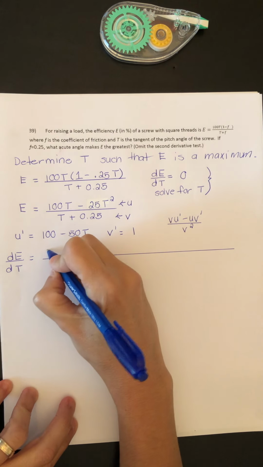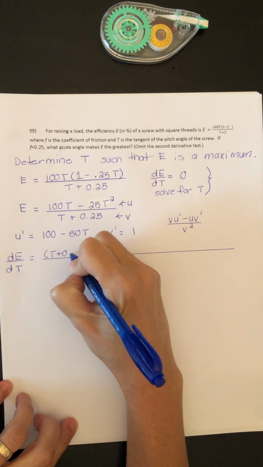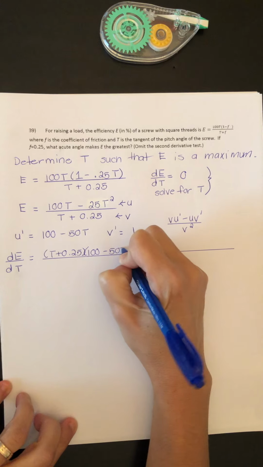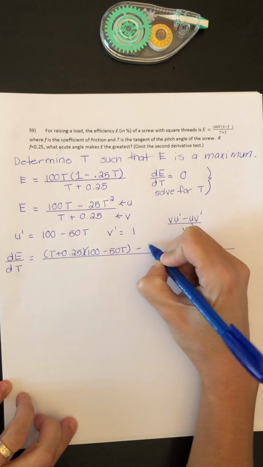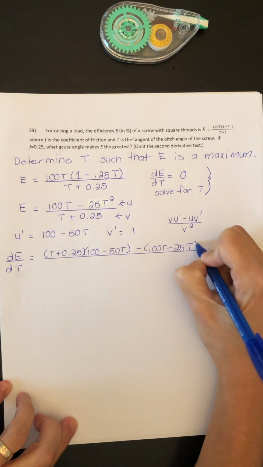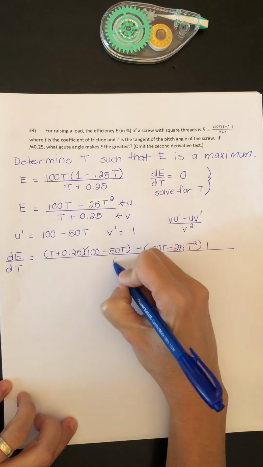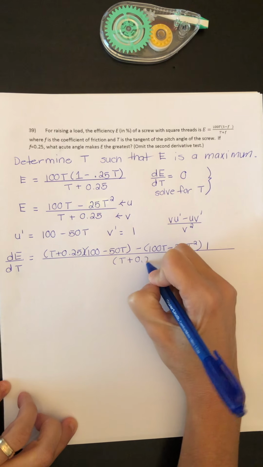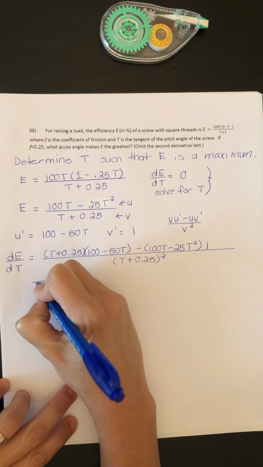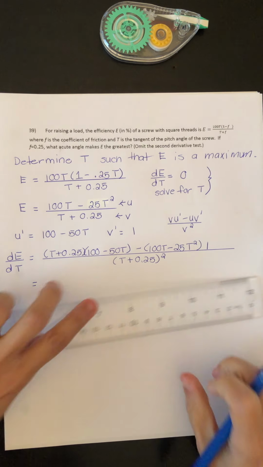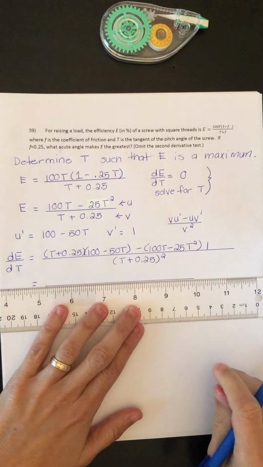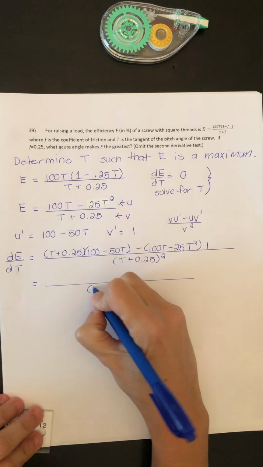So here we go, v times u prime minus u times v prime over v squared will look like that. And now we just have to carry out the algebra implied.